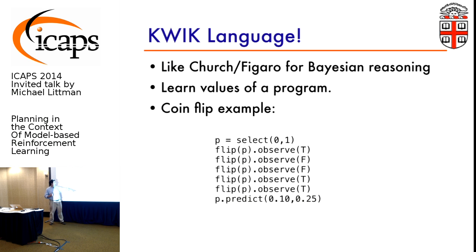This is not enough flips to really nail down the probability. Or it would actually give back a number that would be close to the actual answer with high probability. So I find this a useful way to think about it, because again, as a forward generative process, we can specify what it is that we're trying to learn, and then let the system figure out how to build a learning algorithm out of those ideas.